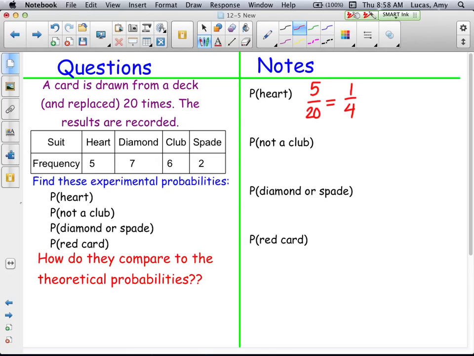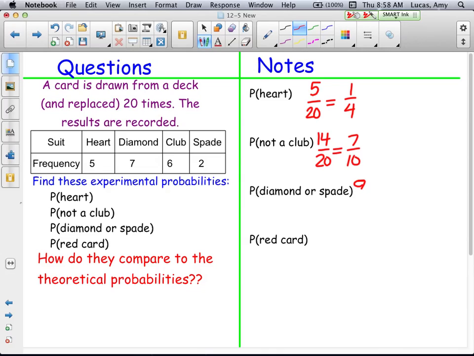Next one, not a club. Not a club would be hearts, diamonds, and spades all added together. So that would be 14. 14 out of 20 reduces to 7/10. Probability of a diamond or spade, so if I add those two together, I get 9.